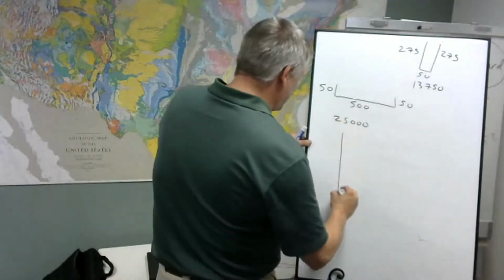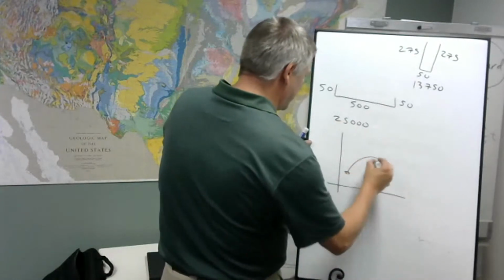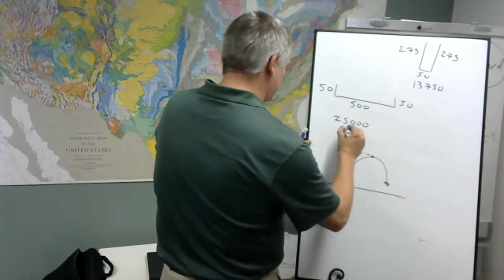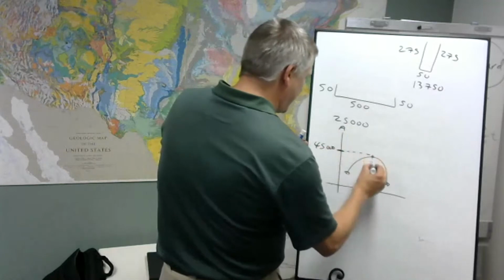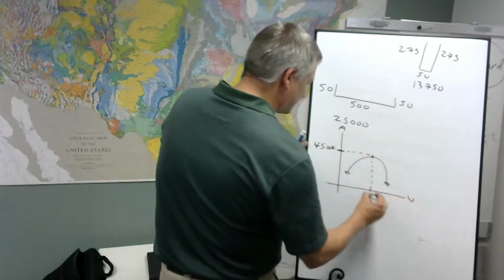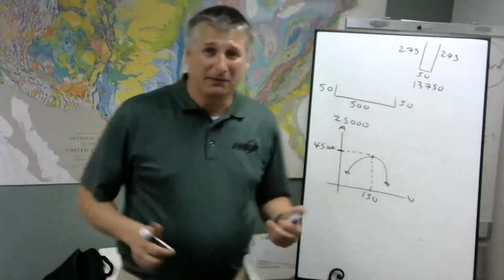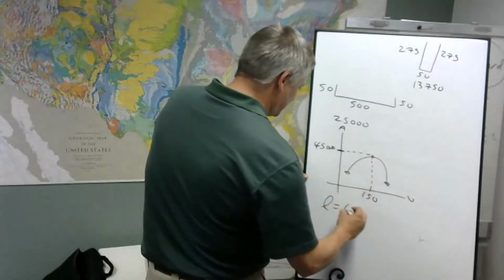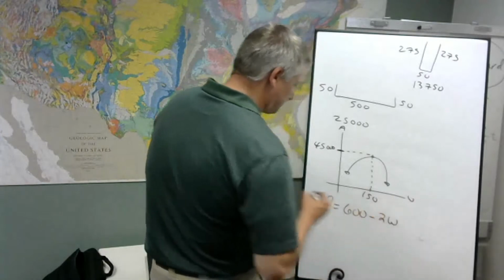So just to kind of update what's going on, we did find our vertex. The maximum area is 45,000, and that happens with the width of 150 feet. So that's what we figured out. We do want to find the length. Remember, the length was 600 minus 2W.